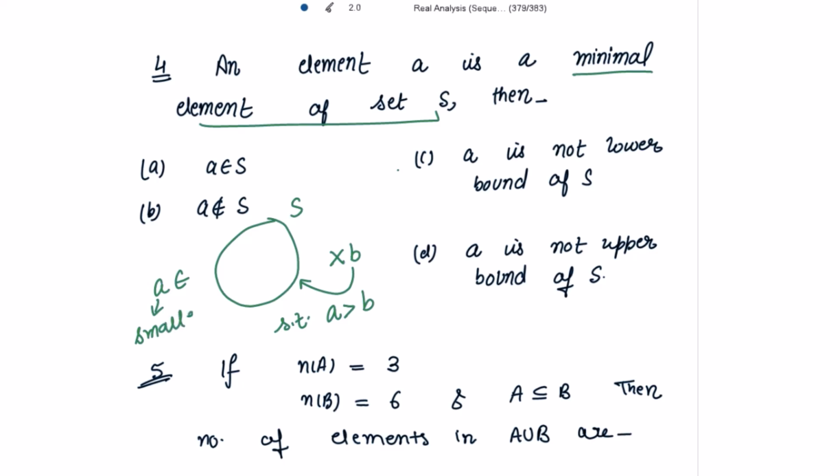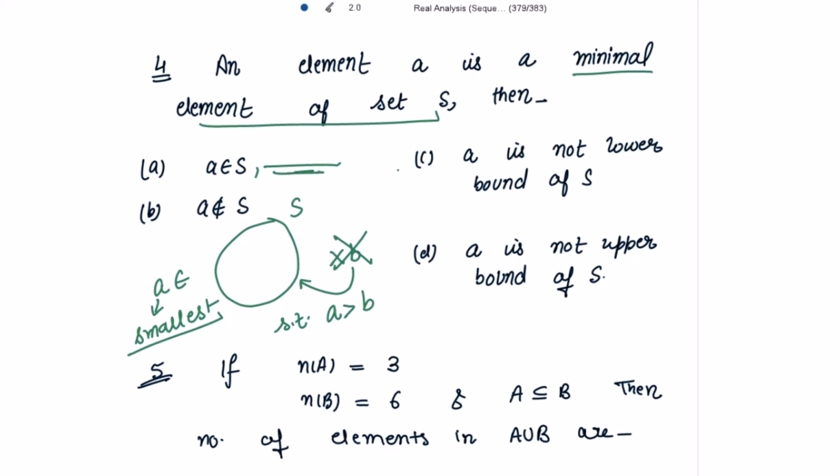If a is the minimal element, it is the smallest element present in S. There cannot be any other element which is smaller than a. There does not exist such a b in this set. So for this condition, a belongs to S. Is this okay? They are only saying a belongs to S. They are not putting any condition that if a belongs to S, then a should be less than any other element present in S. It is not written over here.